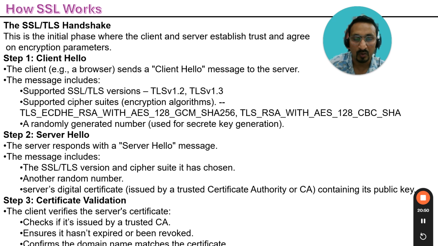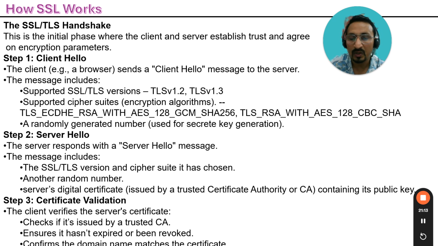Once this information reaches the server, the server will reply back with a hello message. The server will choose which TLS protocol to use for the communication, and out of the list of cipher suites shared by the client, which cipher suite the server has selected for the further communication.